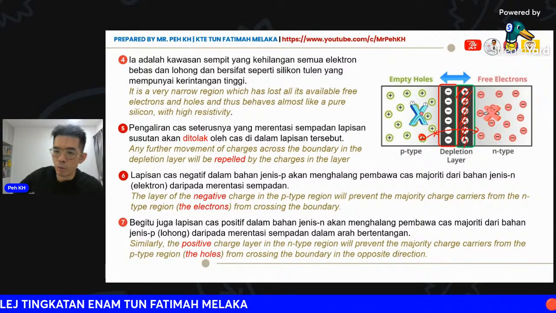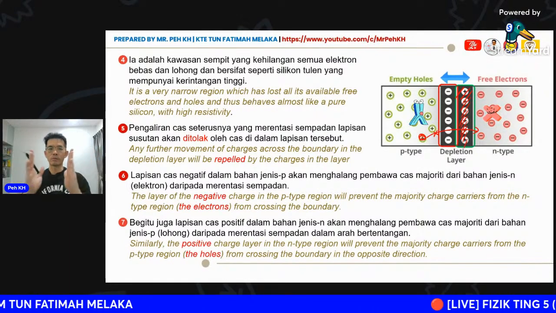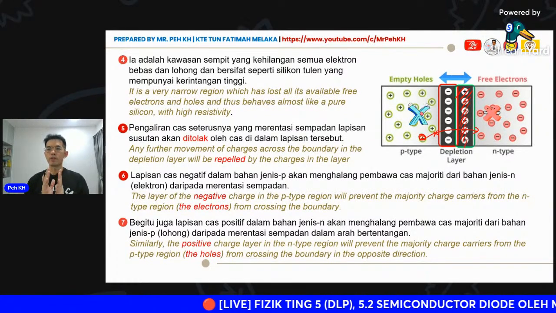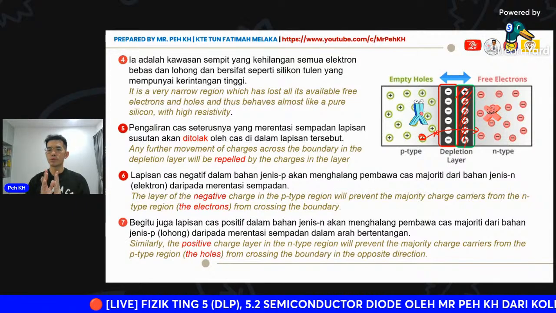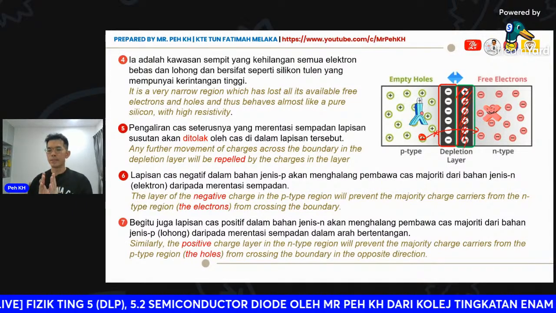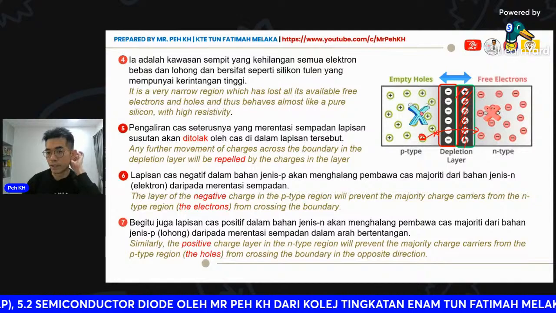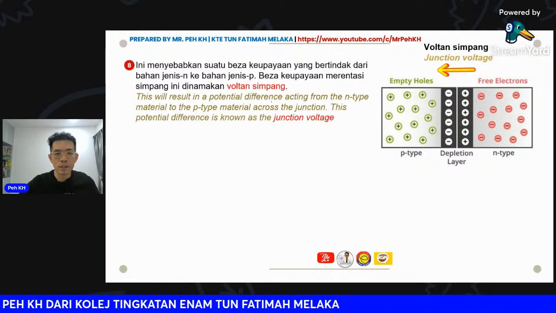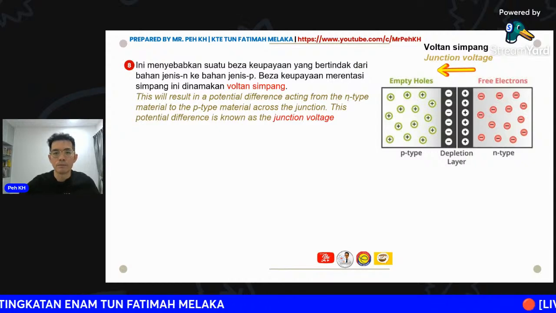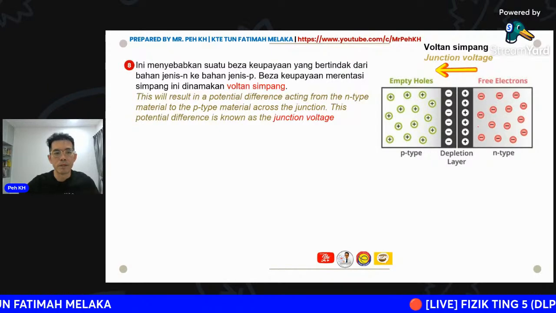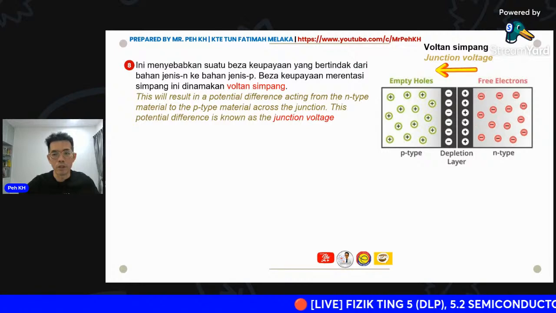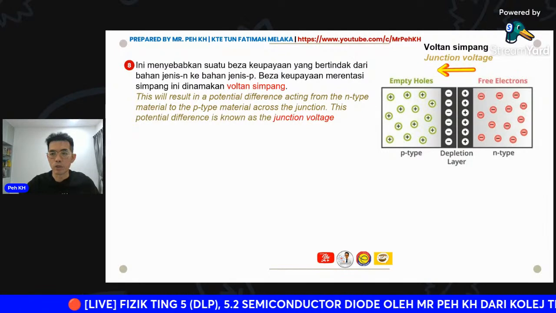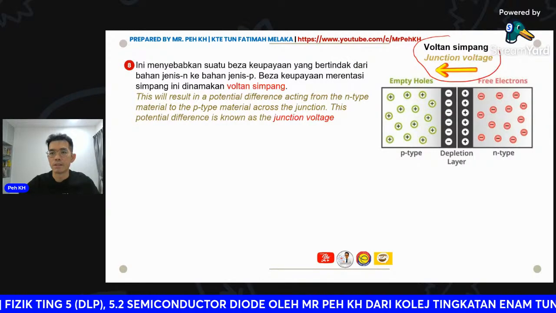So when the depletion layer becomes narrower and narrower to a certain value, the free electron will not be able to cross to the opposite P-type semiconductor, and the same for the hole. This results in a potential difference acting from the N-type material to the P-type material across the junction. This potential difference we know as the junction voltage.